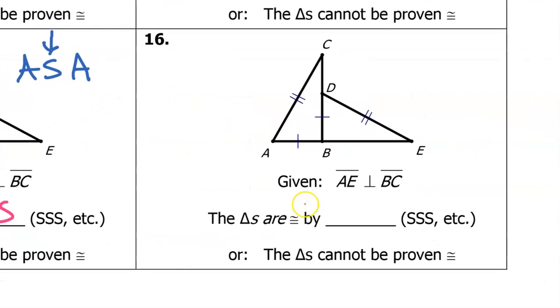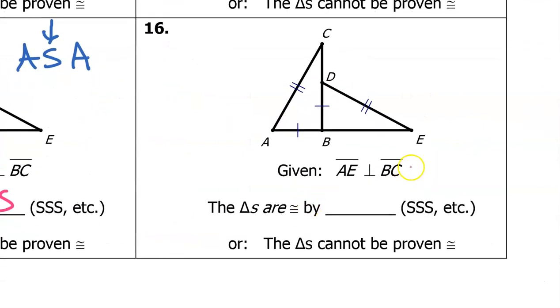Last one. So be careful, because remember, there is no shared side here. For the one triangle, this side is long, like this. For the other triangle, this side is short.